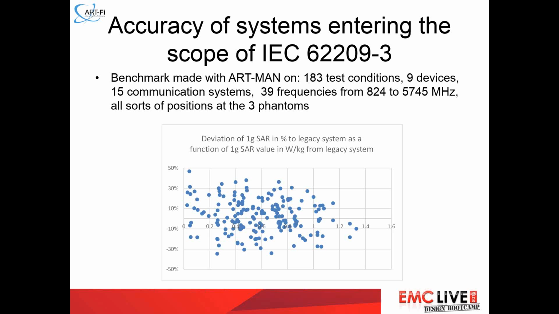What you can see on the graph here is the deviation of the 1 gram SAR in person compared to the legacy system as a function of the 1 gram SAR value. And you can see that the very large majority of the points agree within 30% with the legacy system, which by the way has a 30% k equal to 2 uncertainty.